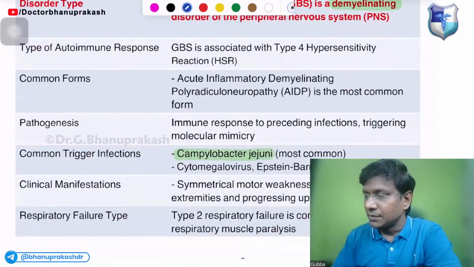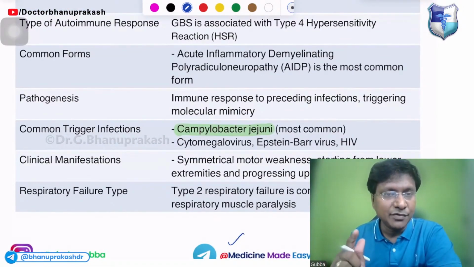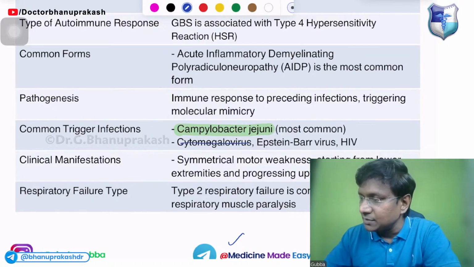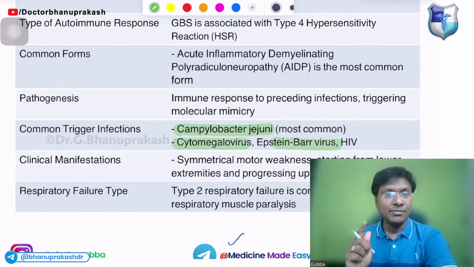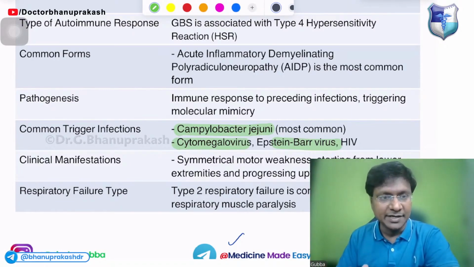Now, it is an autoimmune condition where the antibodies are formed against organisms like Campylobacter jejuni as well as viral infections: cytomegalovirus, Epstein-Barr virus, and HIV. The antibodies formed against these organisms cross-react with the myelin sheath of the peripheral nerve, causing demyelination.